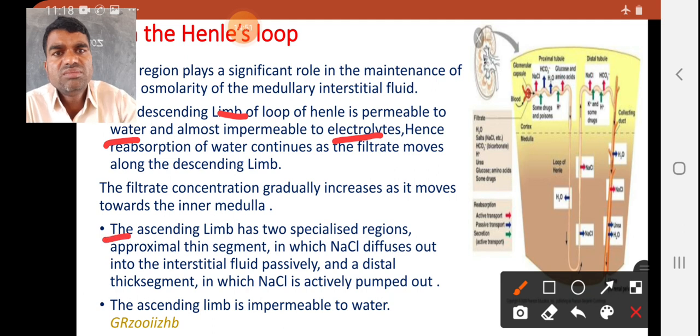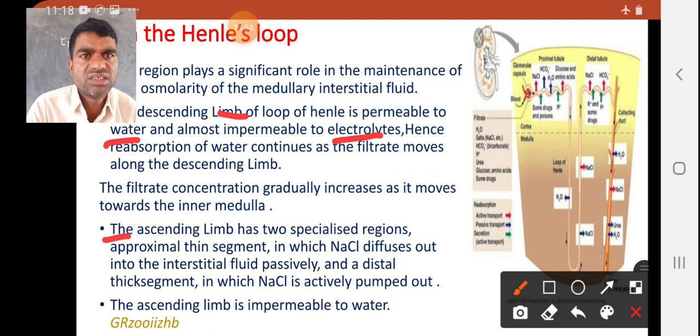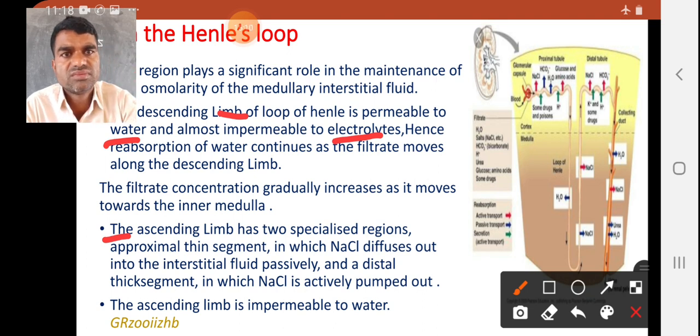The ascending limb has two specialized regions: a proximal thin segment, in which NaCl diffuses out into the interstitial fluid passively, and a distal thick segment, in which NaCl is actively pumped out.